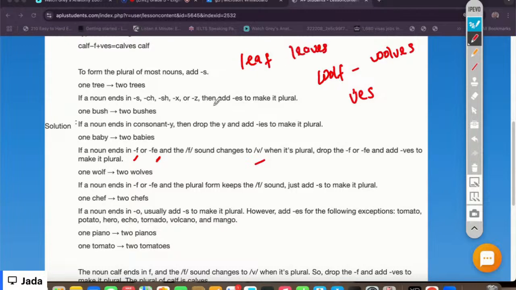Leaves. Okay? We have knife, and in plural, the F from knife changes to what? Knives. These are some of the words. We have life also, and in plural it's what? Lives. Okay?